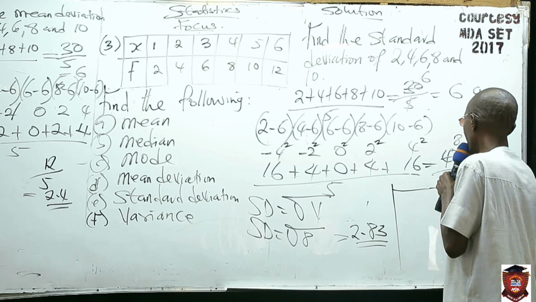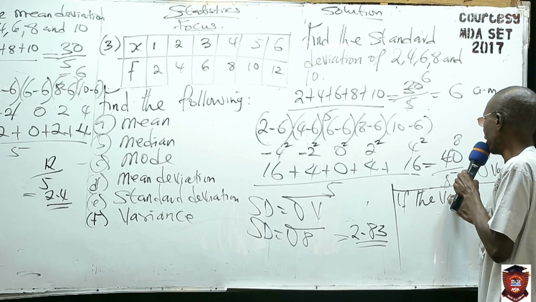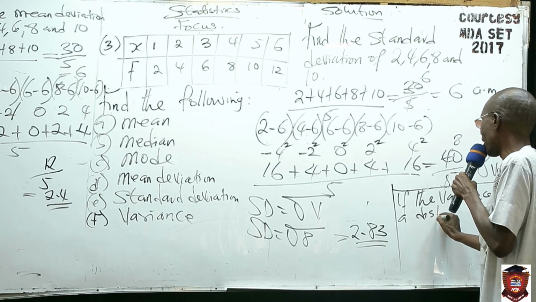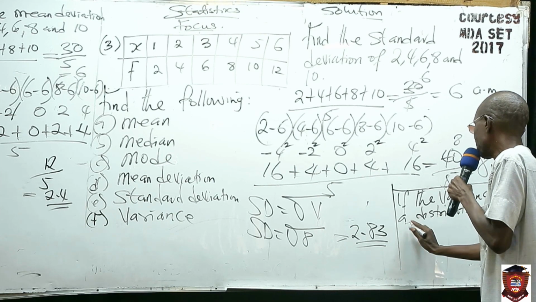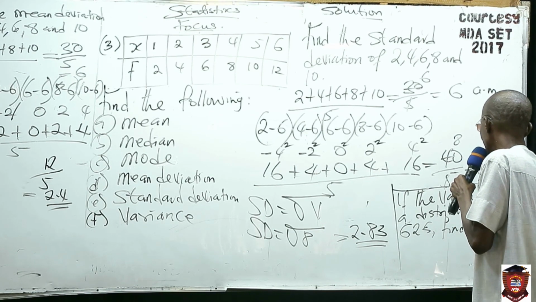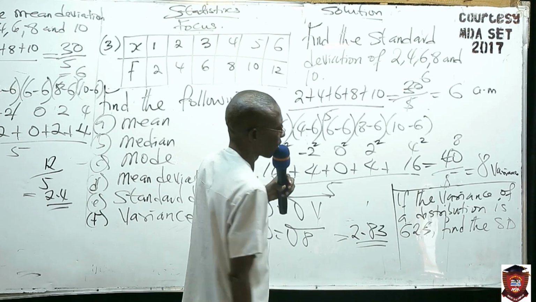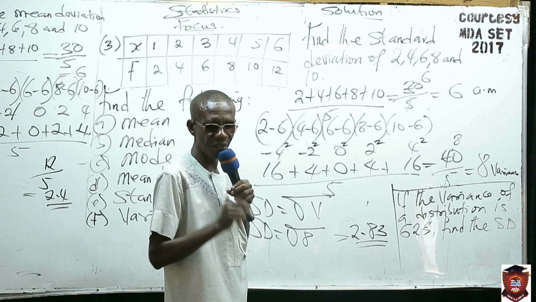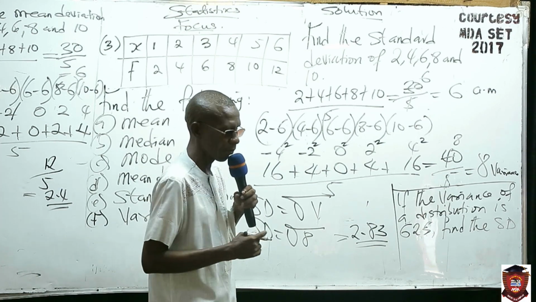Supposing they say, look at this question: if the variance of a distribution is 625, find the standard deviation.